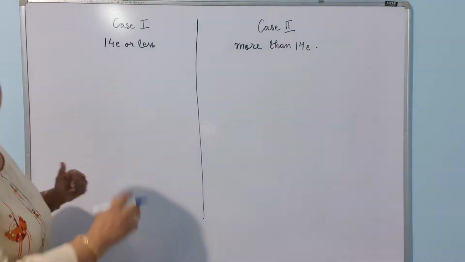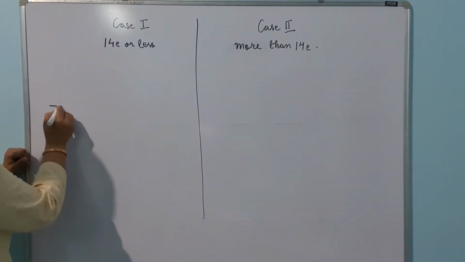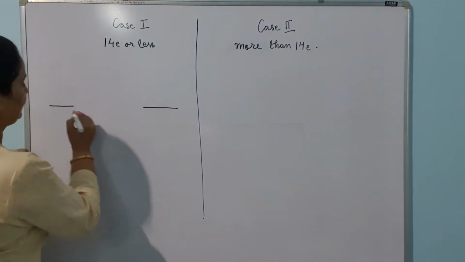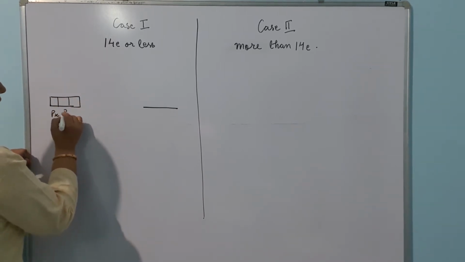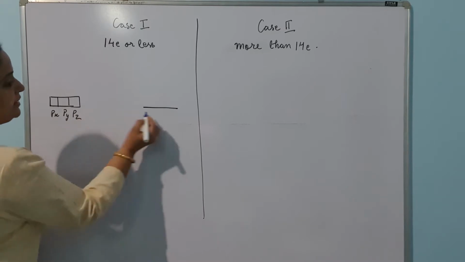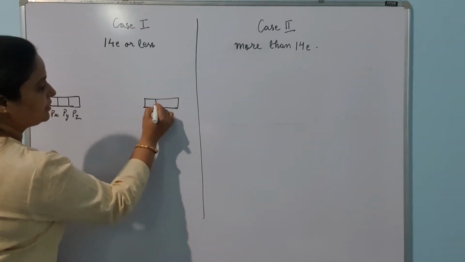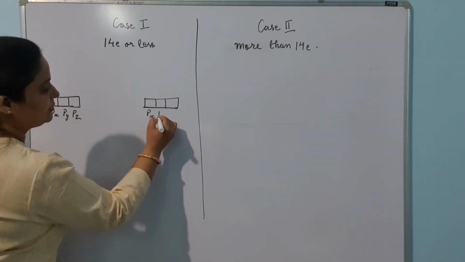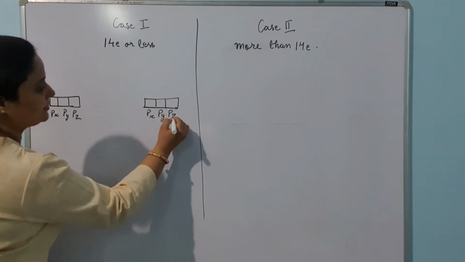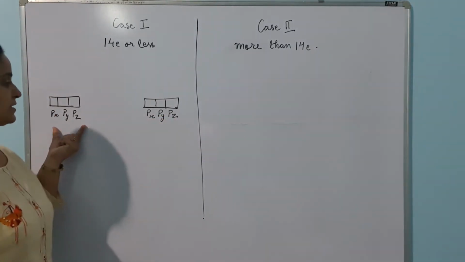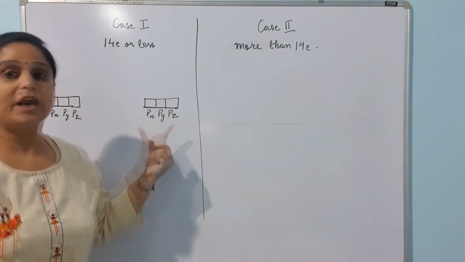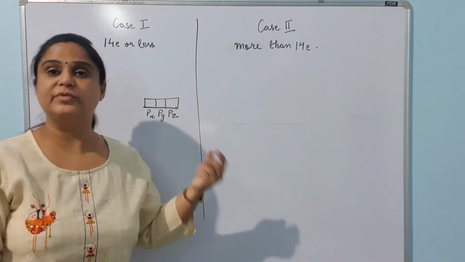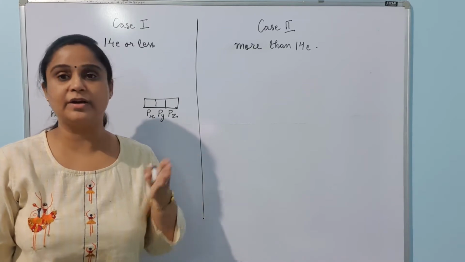In the first case, you have to see that the splitting of p orbital will be this way. So here we have px, py, pz, and another atom will also have px, py, pz. How will these px, py, pz combine to form the molecular orbitals?